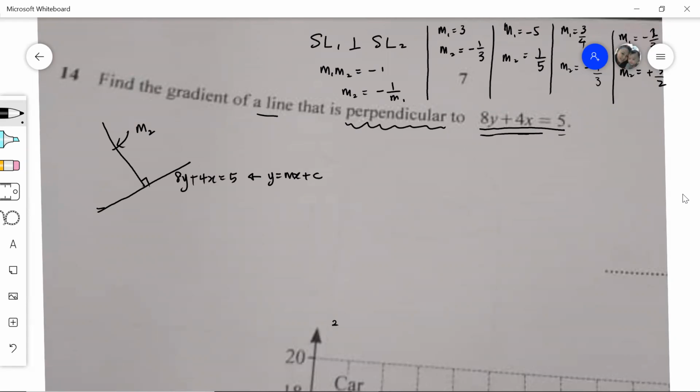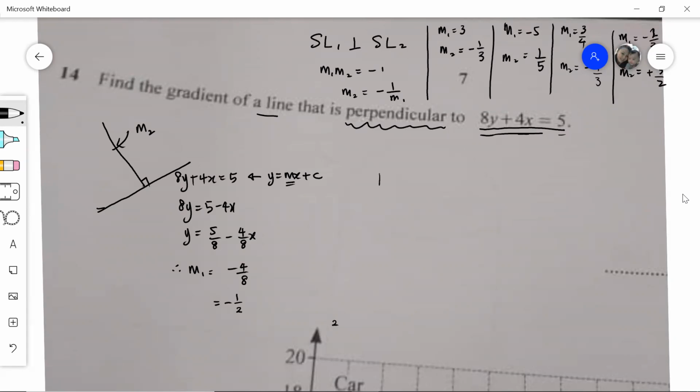This is the gradient form because it tells us the gradient. Therefore, let's rearrange this. 8y equals 5 minus 4x, and y equals everything divided by 8. So we have 5 over 8 minus 4 over 8 x. And therefore, our m1 will equal -4 over 8, which after we simplify becomes -half.